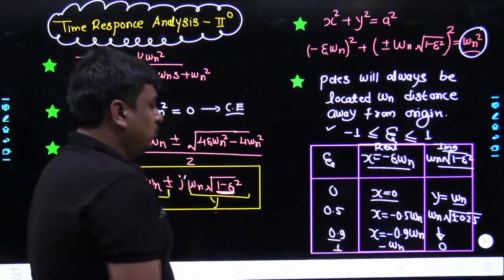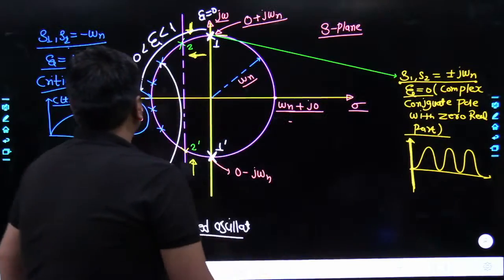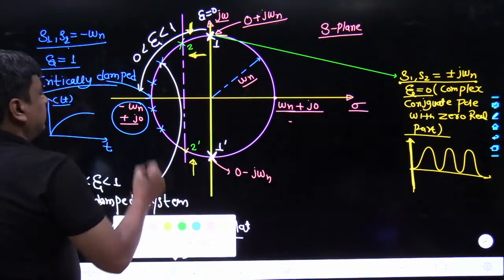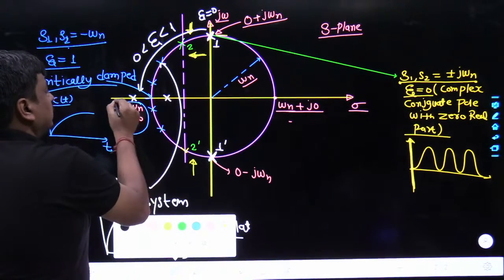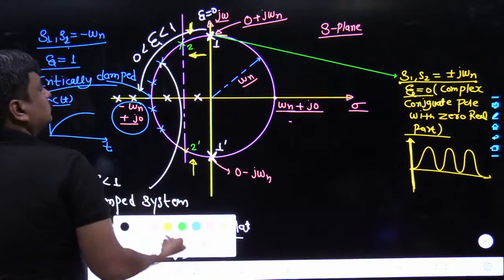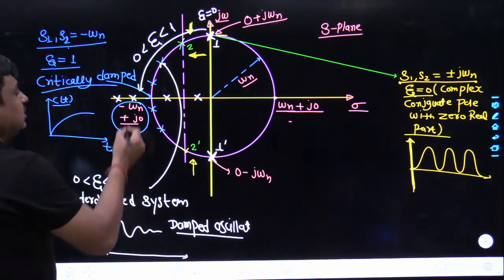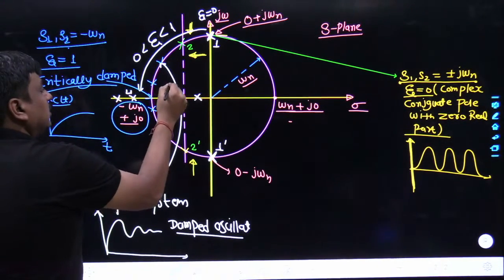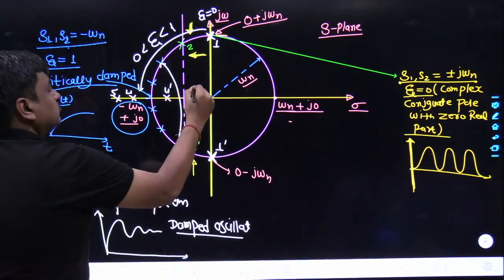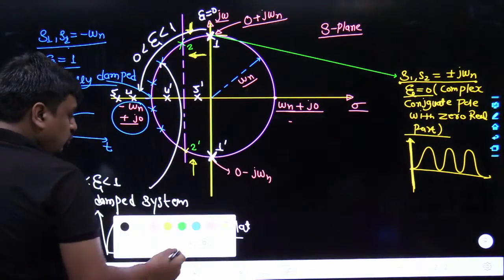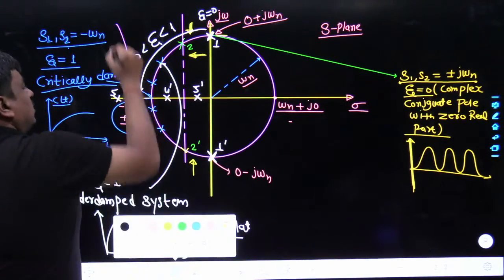That means one pole would be towards the left hand side, the other pole towards the right hand side. Agreed what I am saying? You can take this as 4 dash, 5 dash, and they would be overdamped in nature.